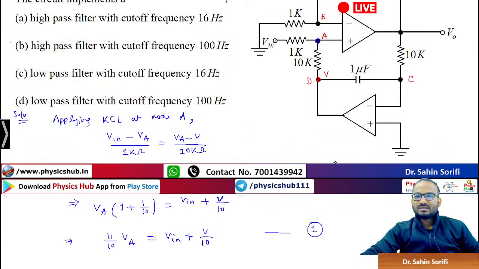No issue till now, going smooth. What is unknown to us? We do not know V. So we need to first calculate V. Then once V is evaluated, we can calculate Va, right?